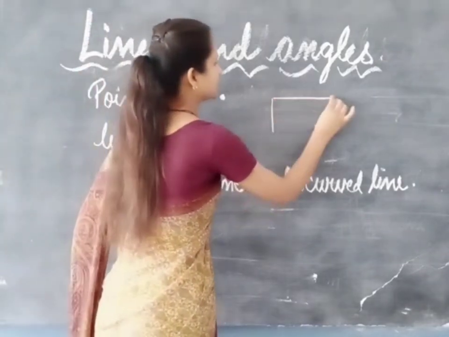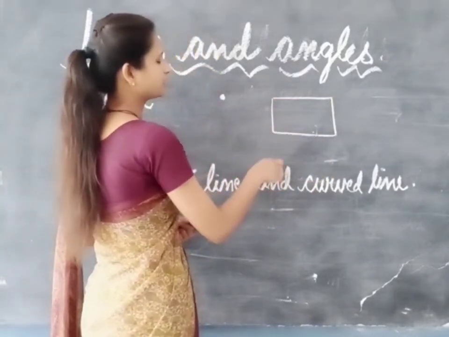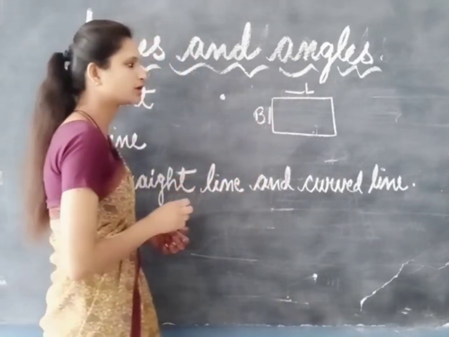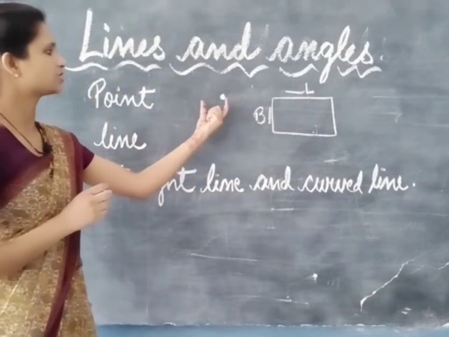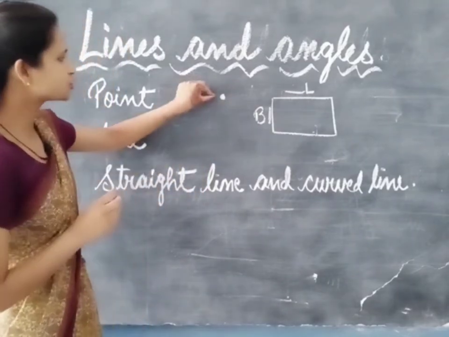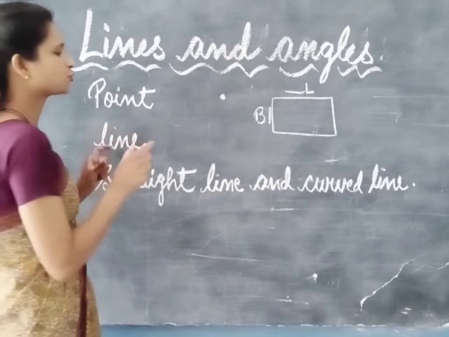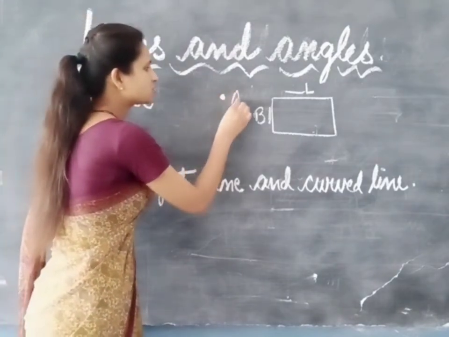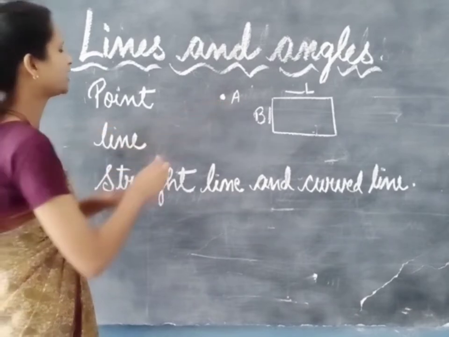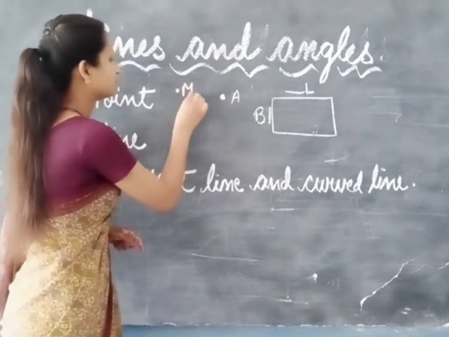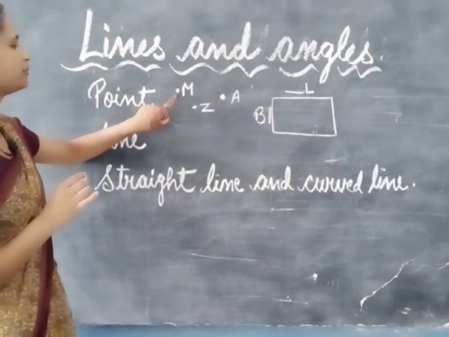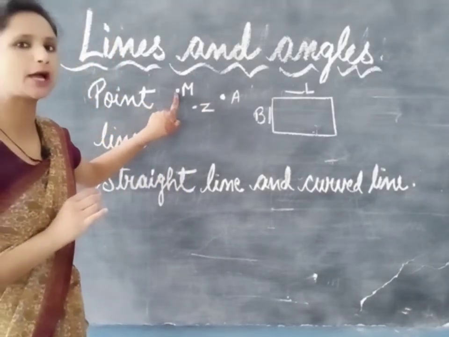If we take a shape, suppose a rectangle, it has some length and some breadth. But a point has no length and no breadth. It shows a position and it is always denoted by a capital letter, like point A, point M, point Z.